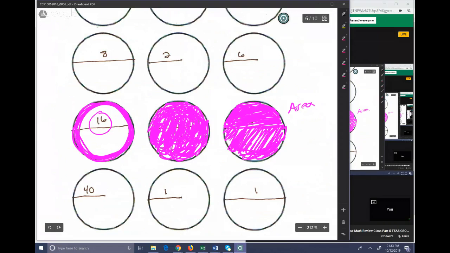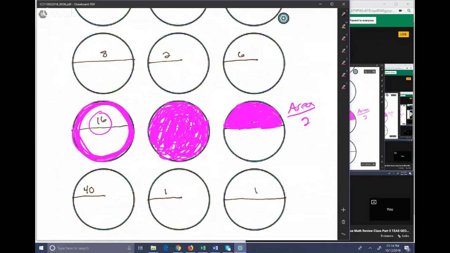So the area of an entire circle is all the space inside the circle. I'm going to divide that by 2, and that's going to give me the final answer. The difference is there's not an extra length that's being added in. This is truly asking us for half of an area. It's not asking for half of an area and then something else weird that gets added to it.